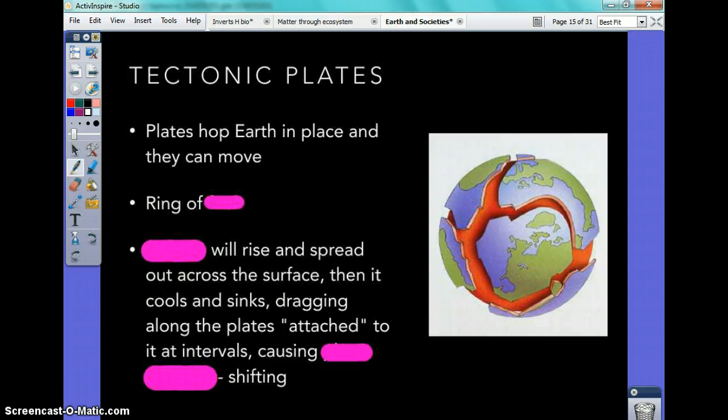Okay, so we're going to talk about tectonic plates, and I have a picture there that I think is pretty cool, and it shows all the parts better. Tectonic plates can move. So can anybody tell me about the Ring of Fire?